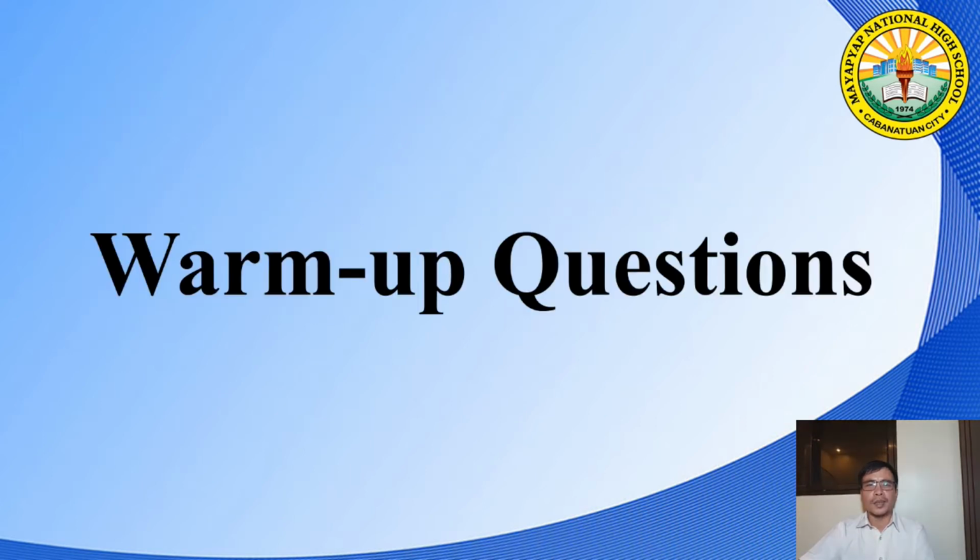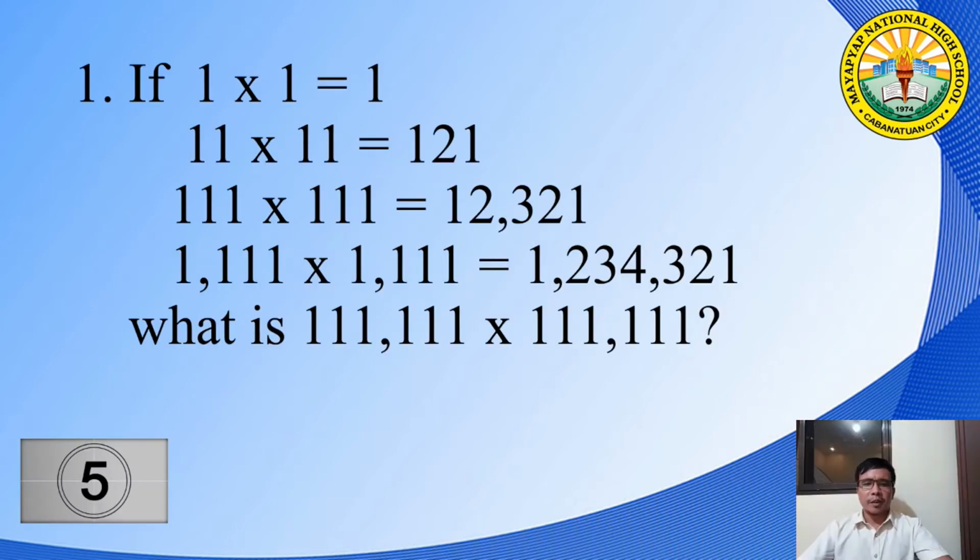Before the lesson, let us have some warm-up questions. I have provided 2 questions for you to answer mentally. Number 1. If 1 times 1 equals 1, 11 times 11 equals 121, 111 times 111 equals 12,321, and 1,111 times 1,111 equals 1,234,321, then what is 111,111 times 111,111?